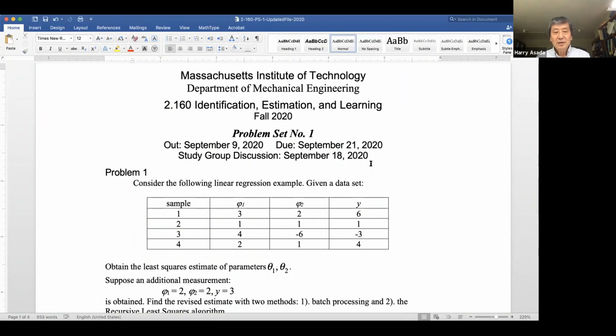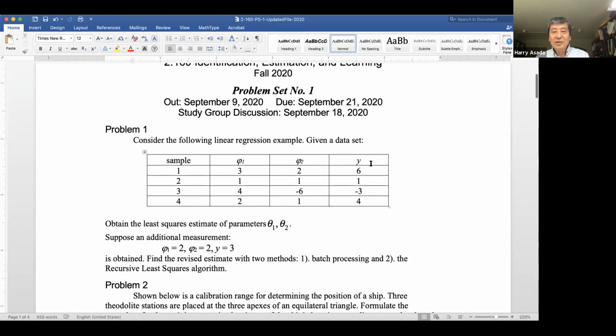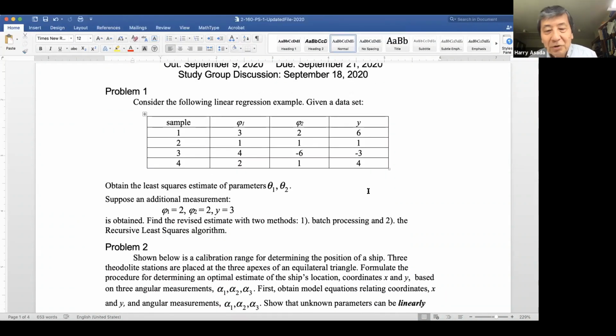Typically, problem sets start with very simple, straightforward questions, and you just plug in numbers and get some results. But to plug in, you need to understand the notations and the equations, right?